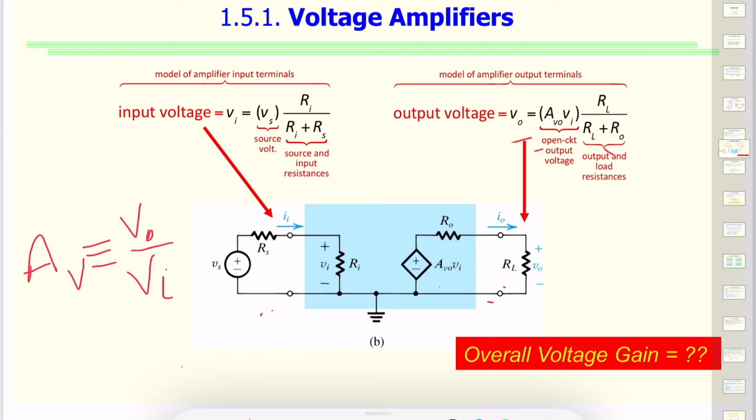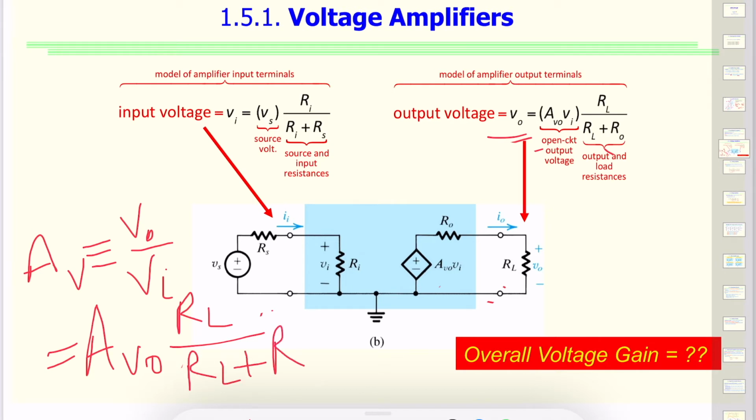Now, if I plug in this value here, what we are left with is AV naught times RL over RL plus R output. So here was the case that I was talking about, that if this is negligible, then these two become equal.